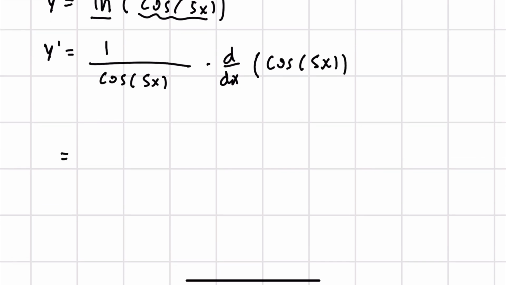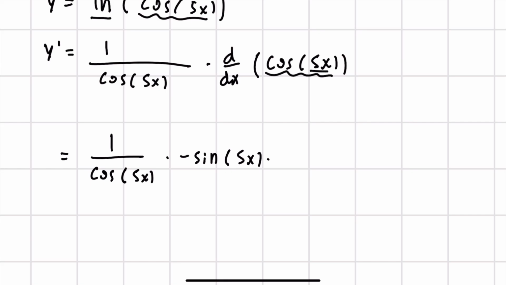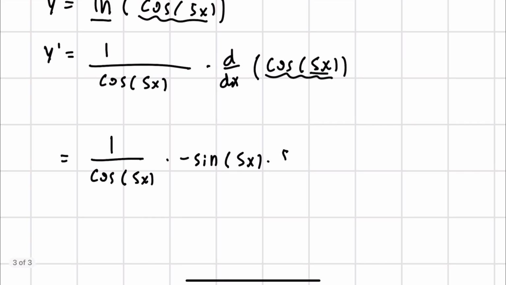And in our next step, let's first copy 1 over cosine 5x times the derivative of cosine 5x, which is minus sine 5x times the derivative of 5x, which is 5.